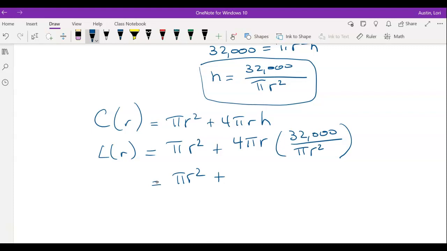The pi's cancel in this one, right? Pi's cancel away. We're going to be left with just 1 r down there, right? And 4 times 32,000, 128,000, over r.